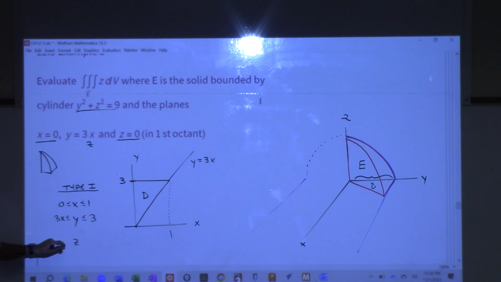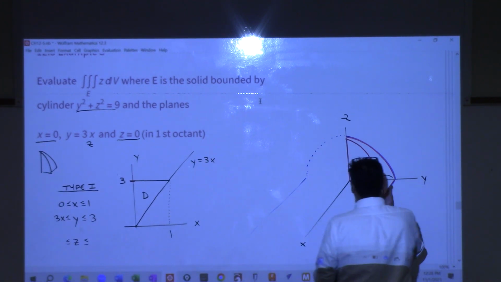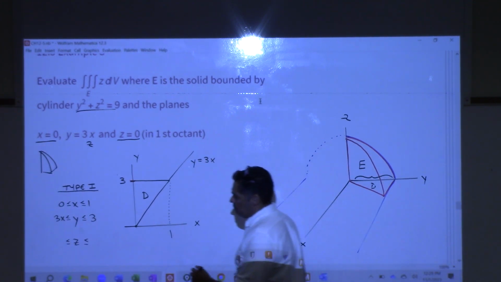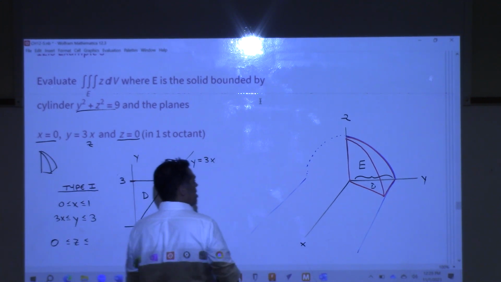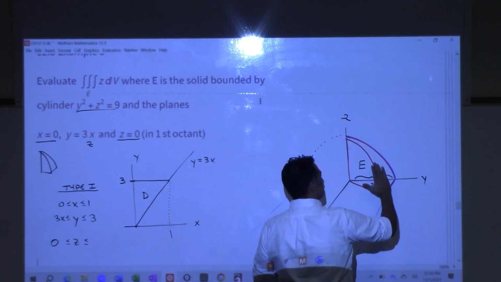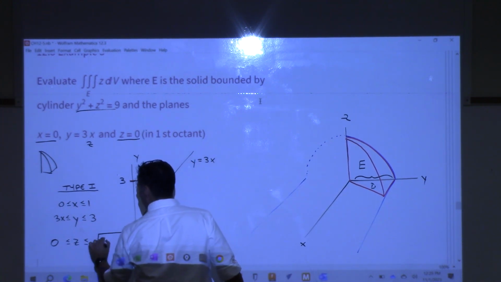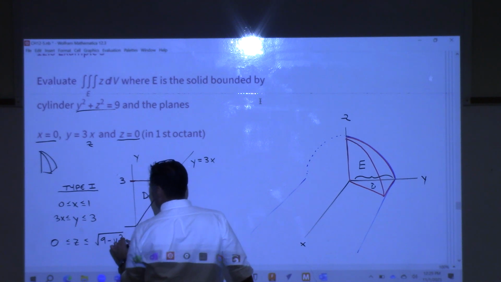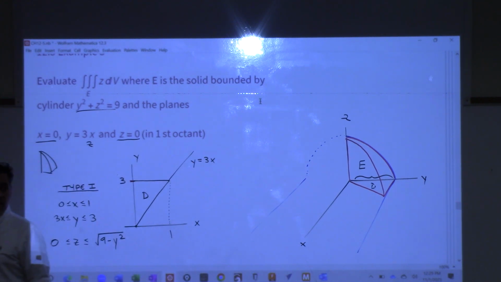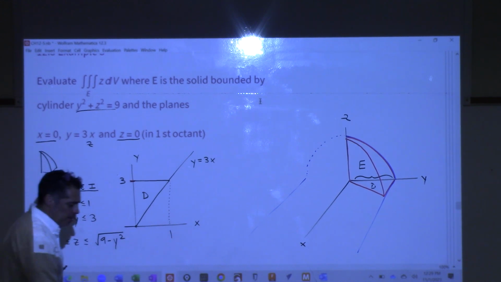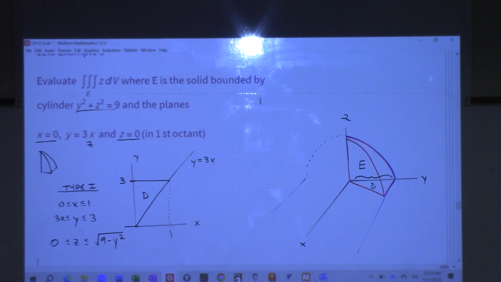Let's get our surface from E. The bottom is 0, the bottom is the ground. And the top is this curved piece, which we take that equation and solve for z. We get the square root of 9 minus y squared. Remember when we solve for z, it'll be plus or minus, but because we're looking at the top part of this, it will only be the plus. There it is. Now we set up the triple integral.